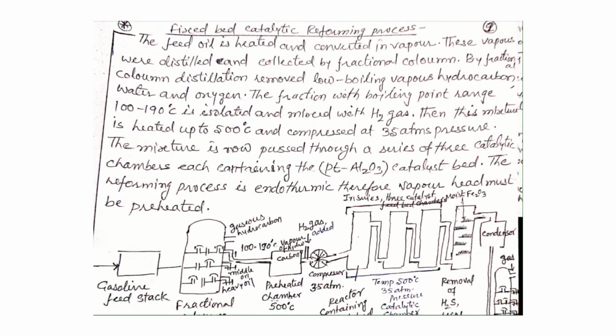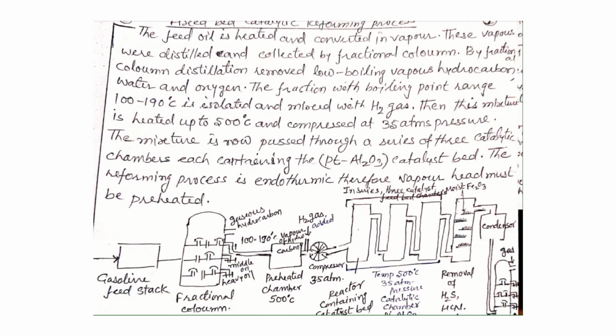As you can see in this diagram, this is the hydrocarbon which we have to reform using the platinum and aluminum oxide catalyst. Here we have 3 catalyst chambers at a temperature of 500 degrees centigrade and 35 atmospheric pressure, and the platinum and aluminum oxide mixture is fitted in these 3 chambers.